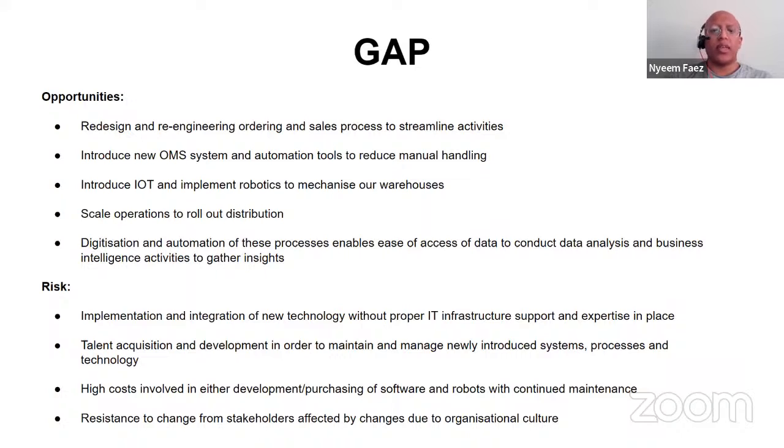And overall, the digitalization and automation of these processes allows us to have data and do data analysis and business intelligence activities to gather insights on customer preferences, what items they like to order, and helps feed into the marketing of what products or sales they need to push forward for more.